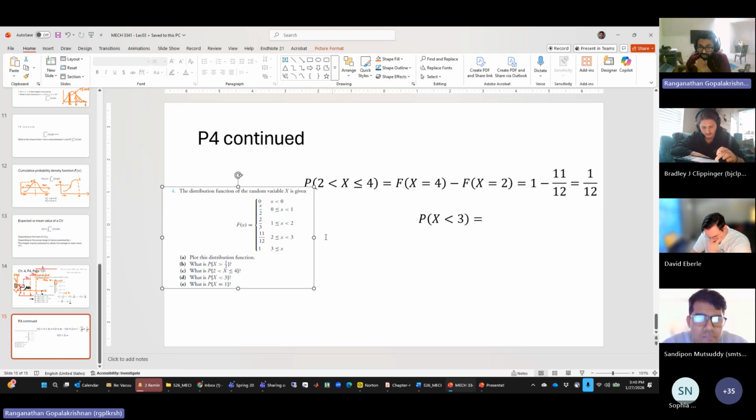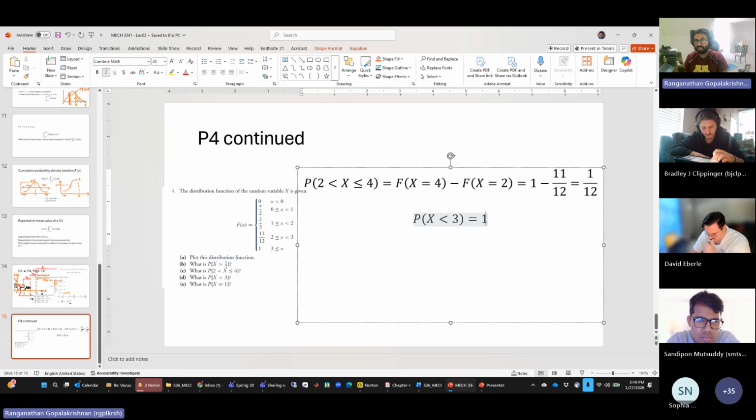If x equals 3, the probability becomes, basically, wait. Yeah. If you're talking about x greater than 3, then the probability is 100%. Anything that is even slightly less than 3 belongs to the previous interval, until which the probability is 11/12.